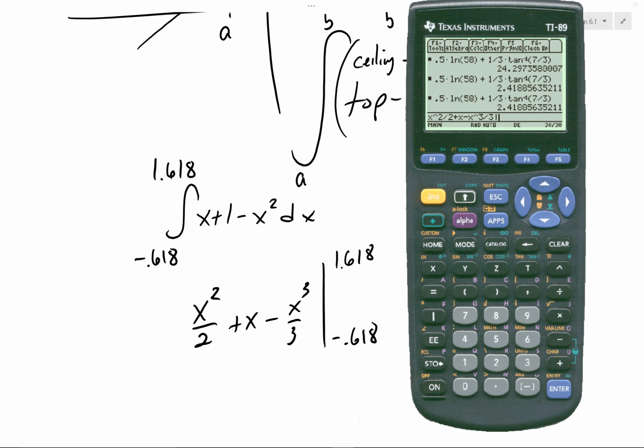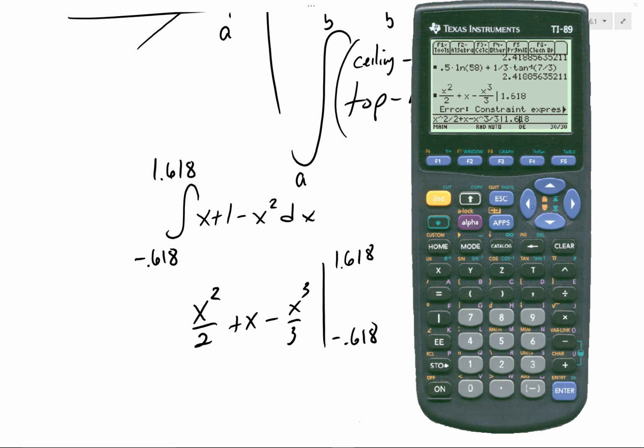If you go such that x equals 1.618, you get it. And then do it again and come in here and get rid of that 1 and put in negative. Boom. And so then remember, it's just the top one minus the bottom one.